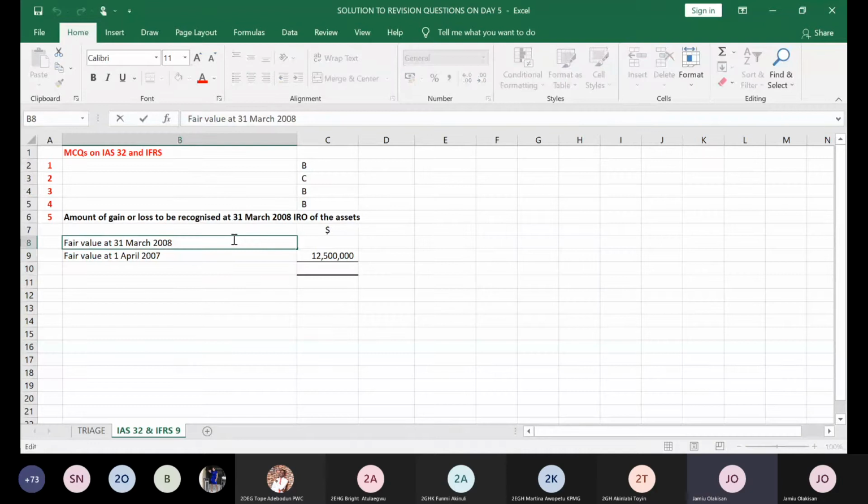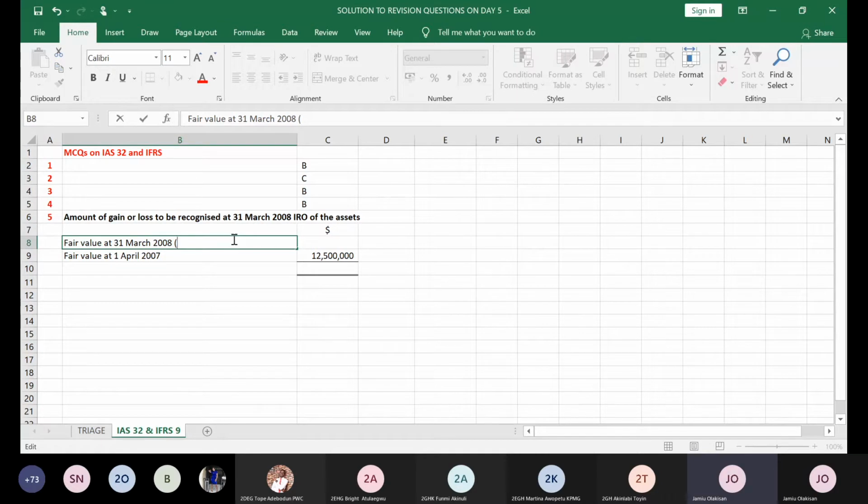To get the fair value at the end of the year, very simple. The 12.5 at the beginning is based on the index of 1,200.